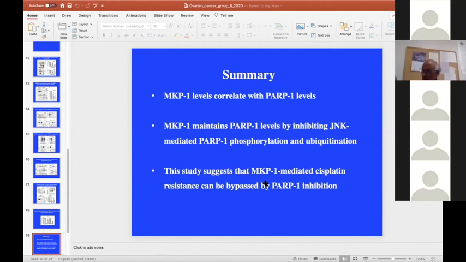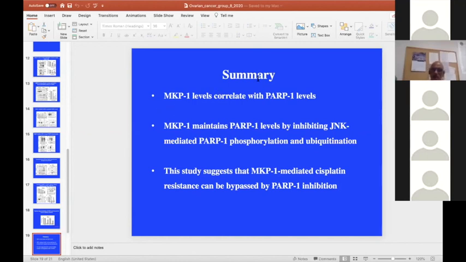So that's the novelty, which now becomes an issue. Of course, if we can use this concept to treat ovarian cancer patients with an MKP1 overexpression population, that'd be good.